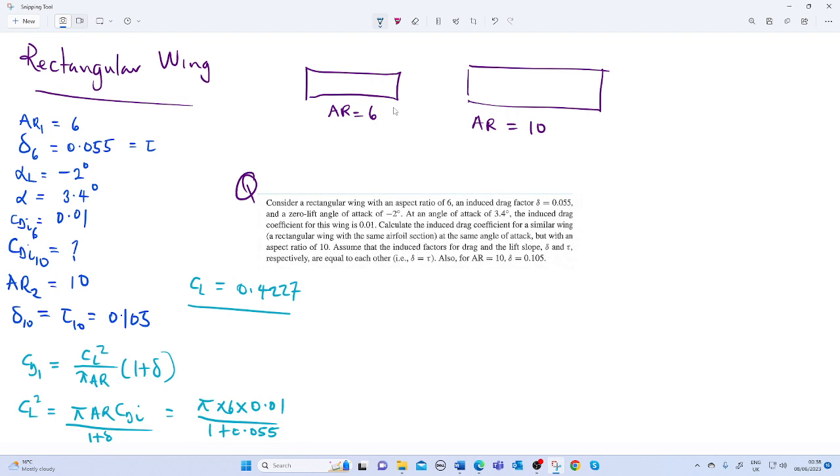Now don't let us forget the equation for the slope, that is dCL over d alpha, the change of the coefficient of lift with respect to the angle of attack, which equals the calculated CL over the change in angle of attack: 0.4227 over 3.4.